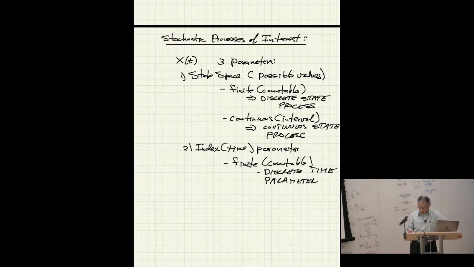And sometimes it's called a stochastic sequence. Or, basically, the time parameter can be anywhere in an interval, just like the state space. And of course, that's going to be called a continuous time parameter.